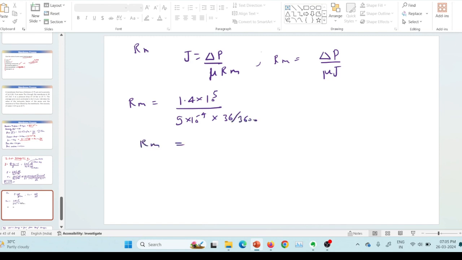If we solve, the value of Rm comes out to be 1.55 into 10 to the power 10. It has a unit of meter inverse.